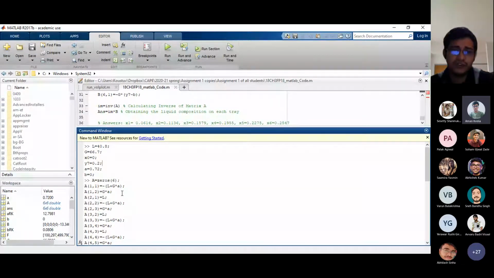First, we define the coefficient matrix as a blank matrix, containing all the elements as 0, and then we populate it by writing the coefficient terms.